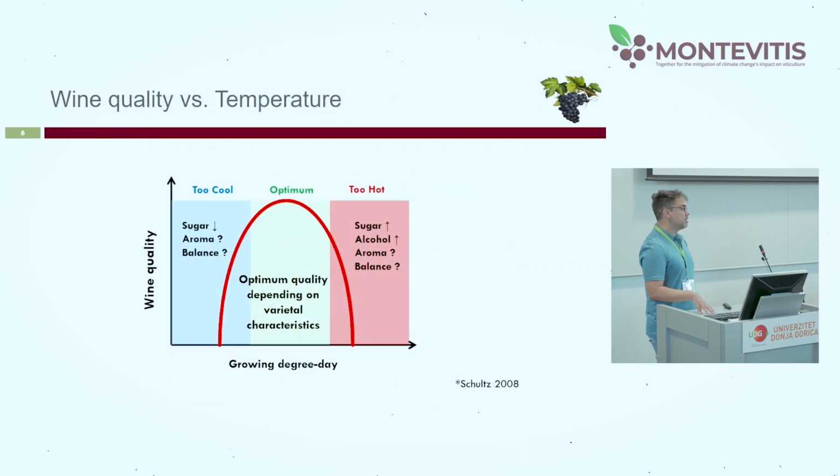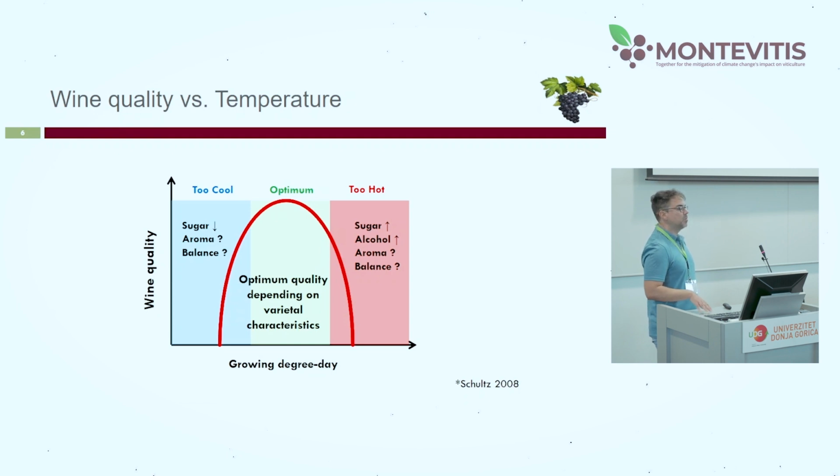Another factor is wine quality. We also know that temperatures affect the quality of wine. If we have a climate that is too cold, the sugar will go down, the aroma will be harmed, and there will usually be an unbalanced wine. Also, if the temperatures are too hot, we will have a high alcoholic content. This will also harm the wine.